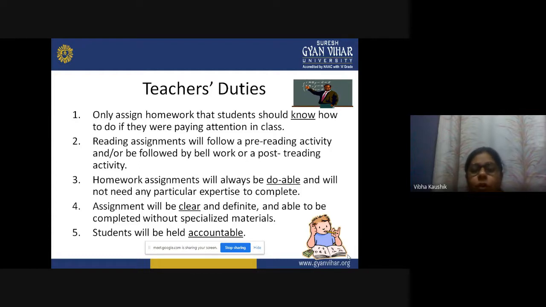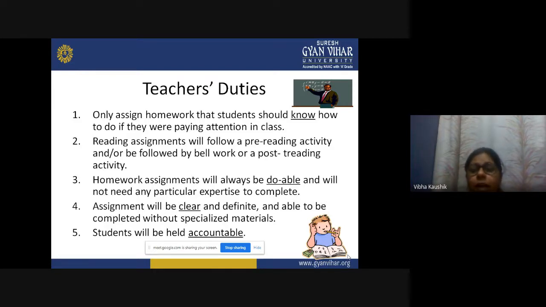Homework assignments will always be doable and will not need any particular expertise to complete. Means they do not need any expert to complete the home assignments or to complete a particular task. Assignments will be clear, it should be clear and defined.